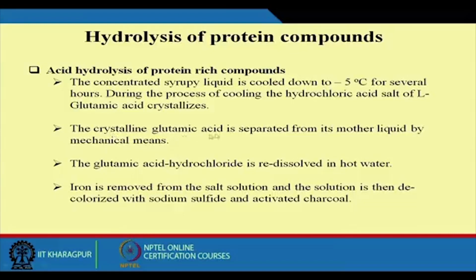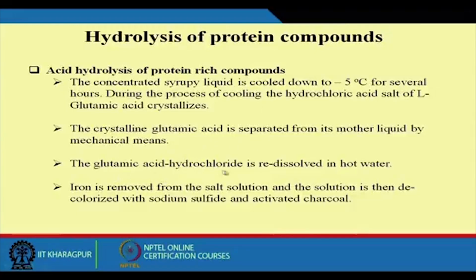When you make a concentrated solution of this hydrolyzed material and cool it down to -5 degrees centigrade, then crystals of glutamic acid hydrochloride will crystallize out. The crystal glutamic acid is separated from the mother liquid by mechanical means, by centrifugation or by filtration. This is a physical separation technique we use for the separation of these crystals.